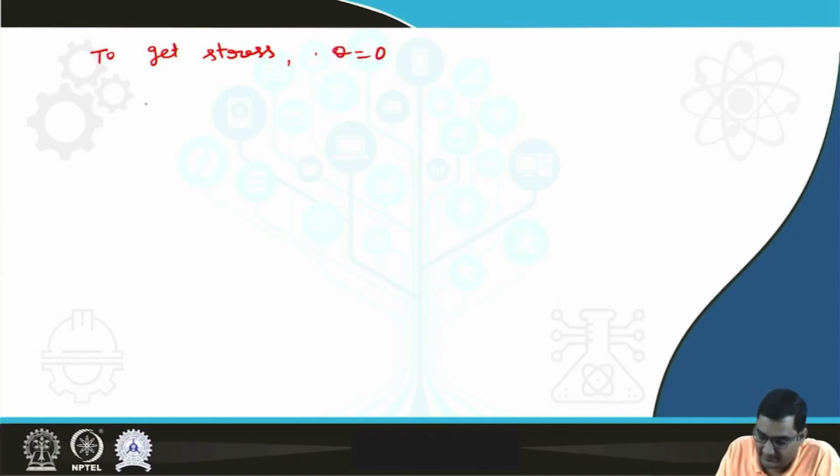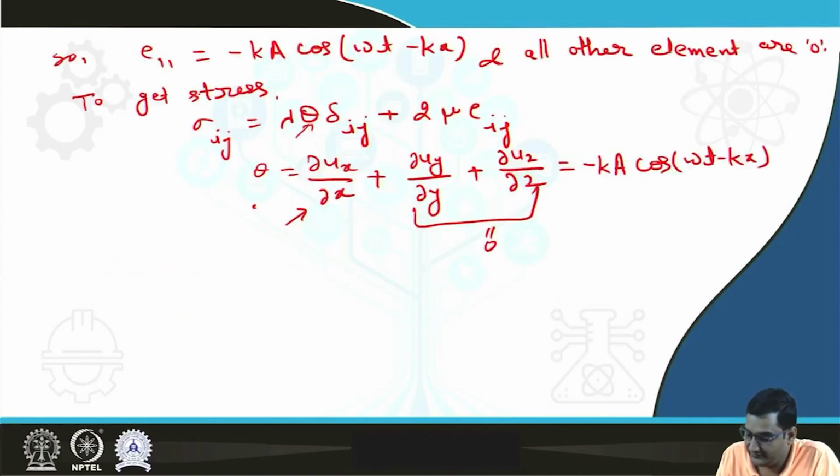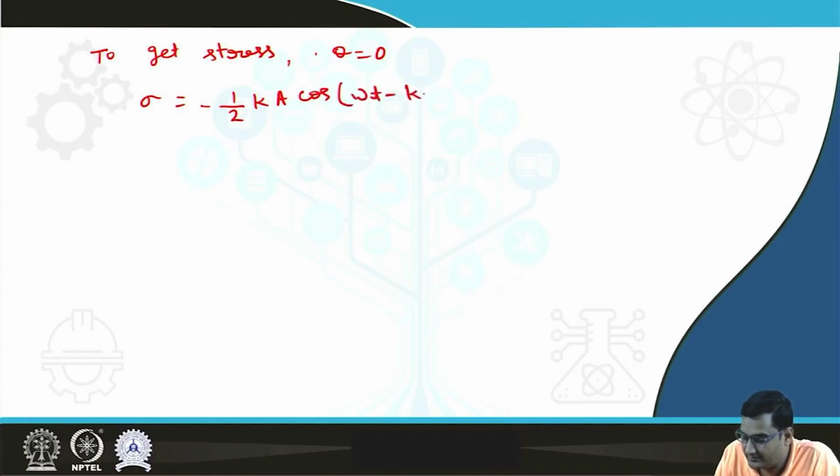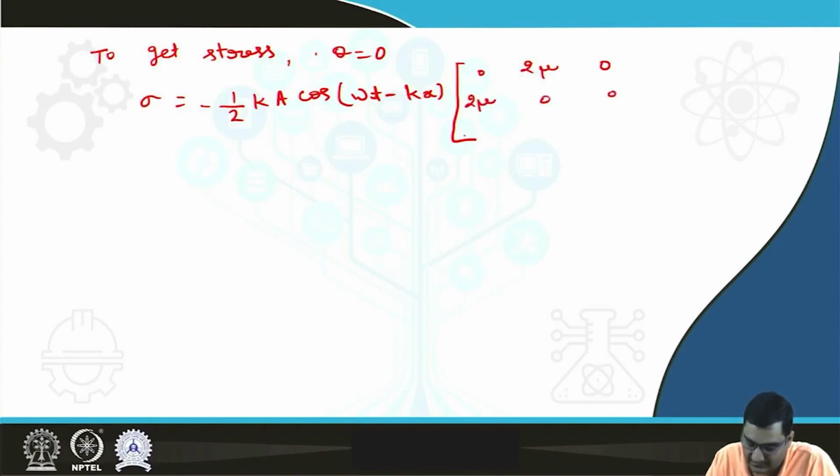So sigma will be equal to, from the equation that we just saw, you are left with minus half ka cos(omega t minus kx), and in bracket you will have 0, 2 mu, 0, and then 2 mu, 0, 0, and 0, 0, 0.